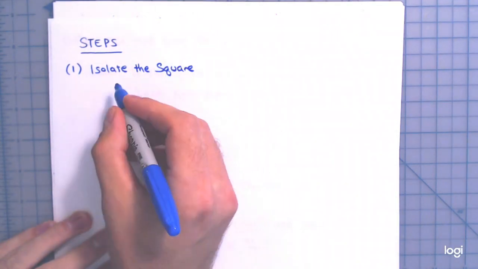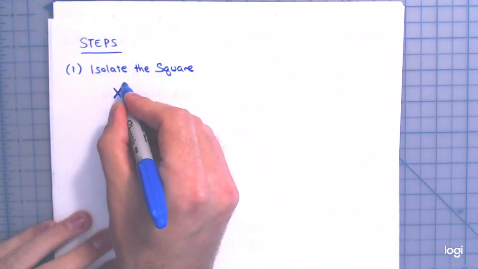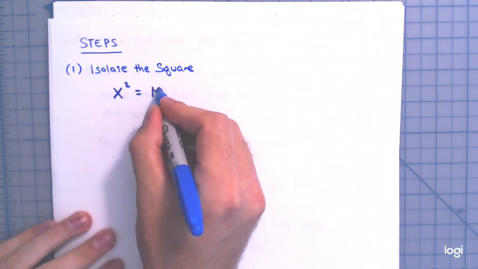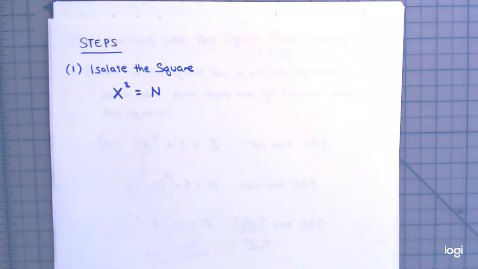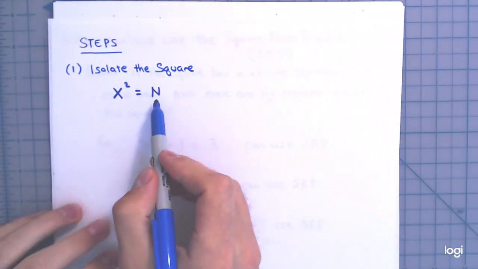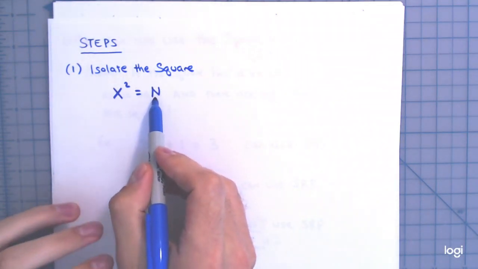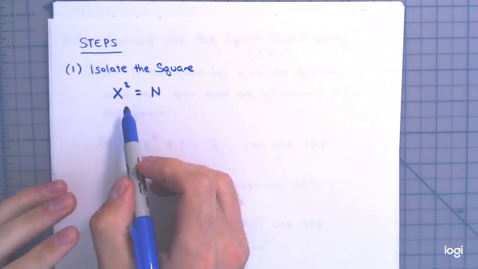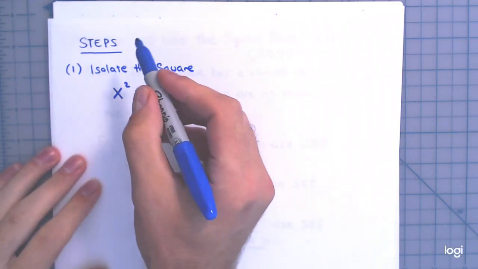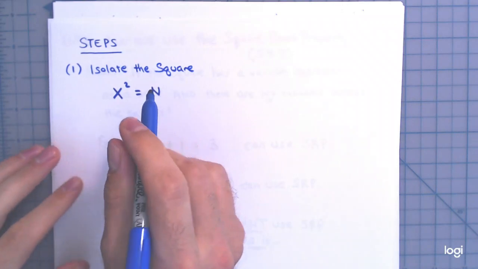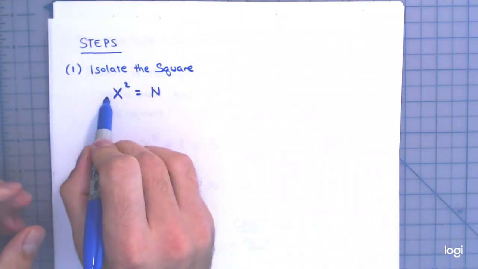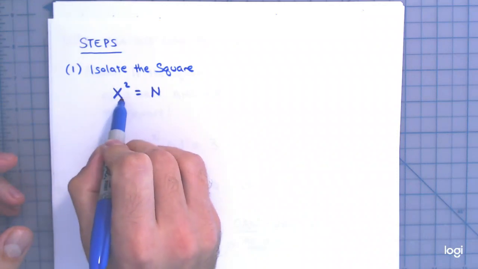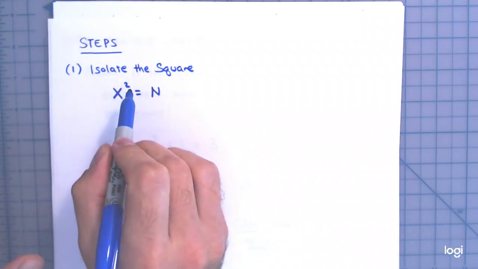That means get it into that form that we started off looking at, where you have the square alone on one side and some number on the other. Remember, there shouldn't be any variables outside the square if I'm going to be using the SRP. So get the square alone, nothing times it, nothing divided by it, nothing added or subtracted to it, just get the square alone.